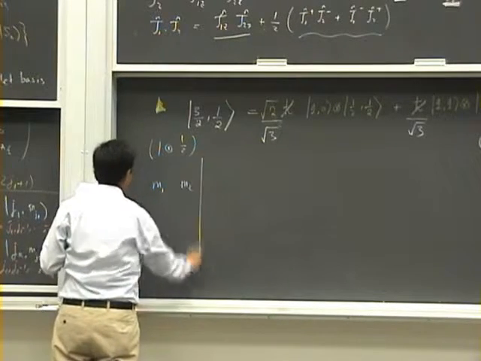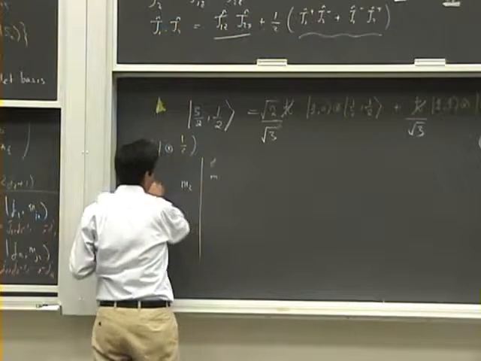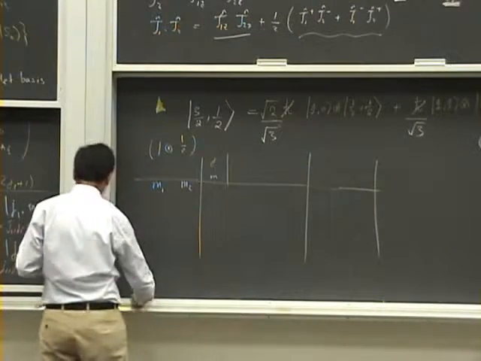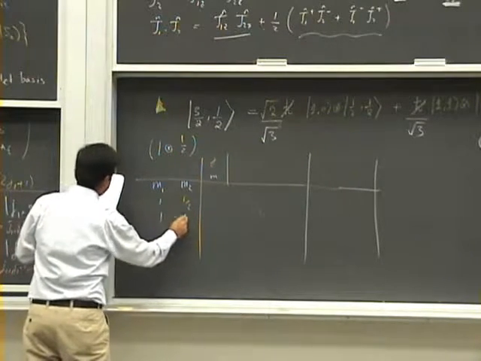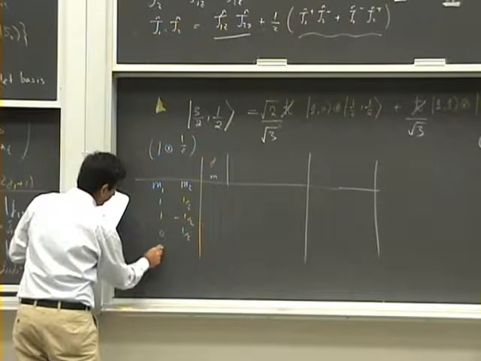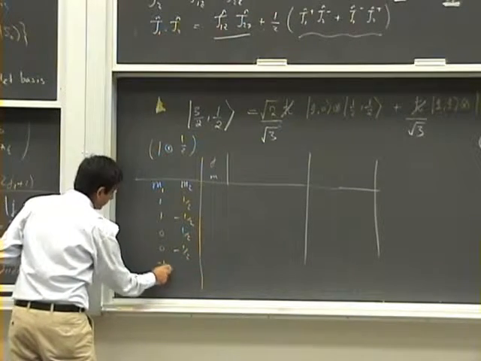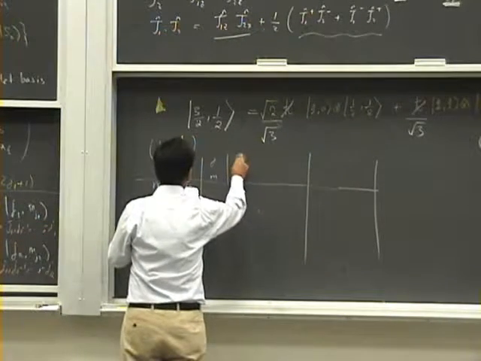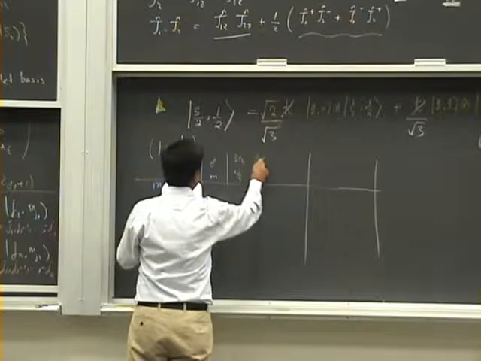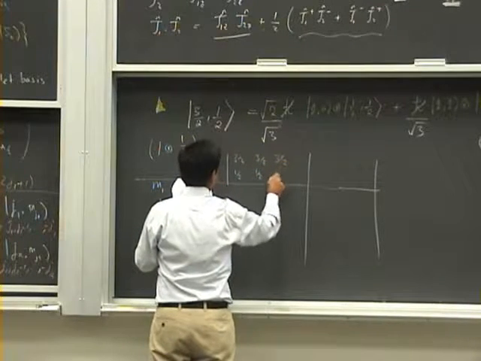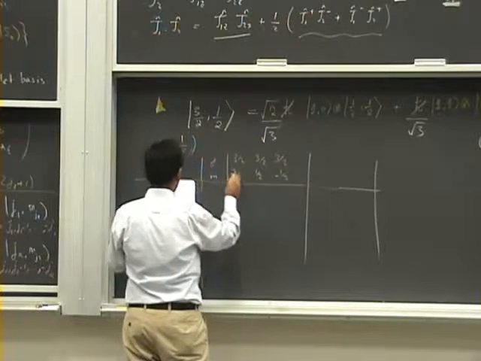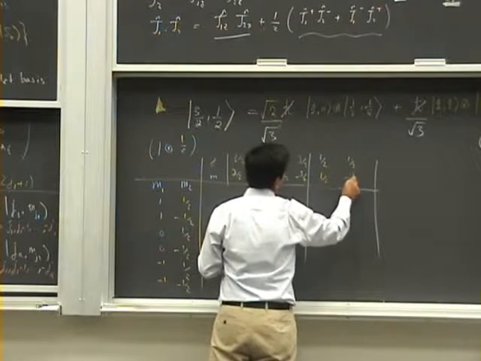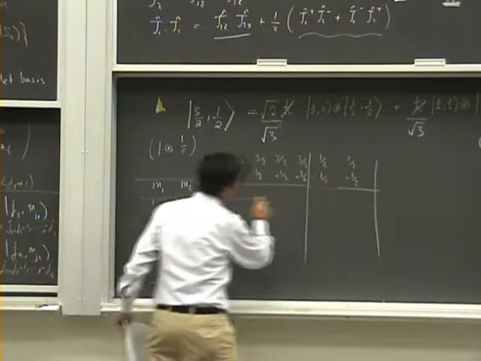M1, M2, JM, and then you have the coefficients.